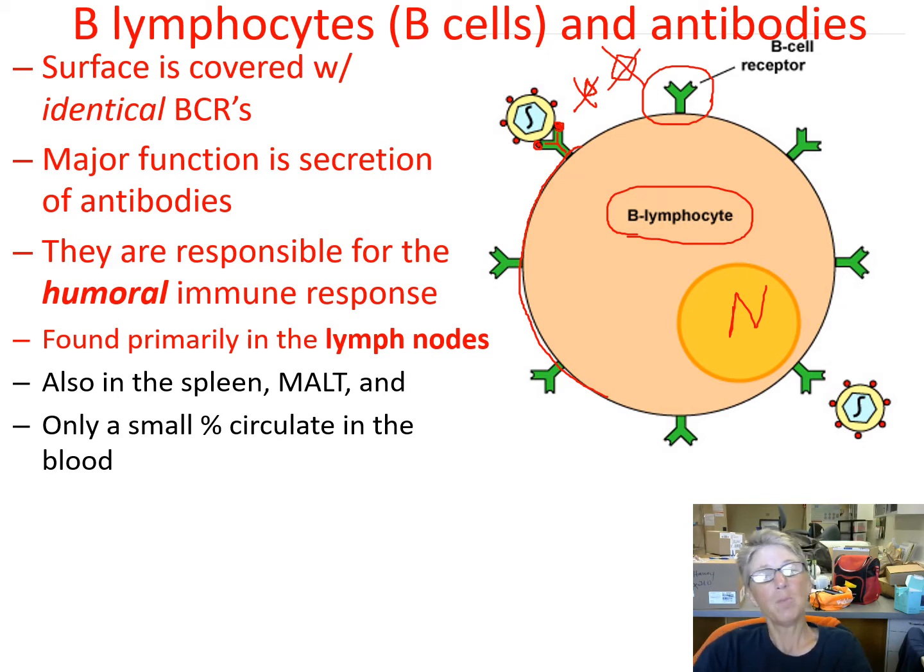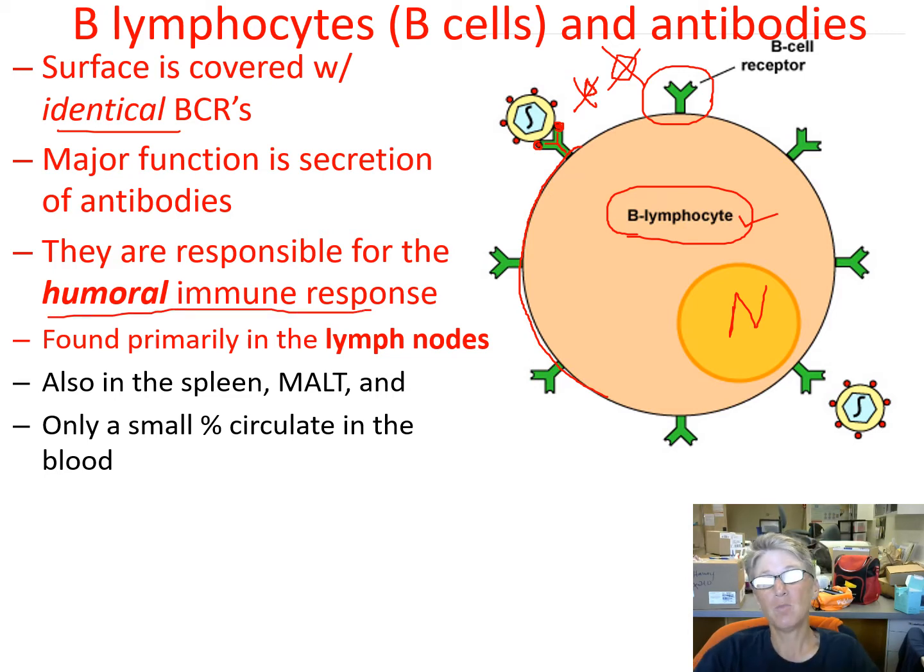So in a single B lymphocyte, the surface is covered with identical BCRs. Those are B cell receptors. The major function of the B lymphocyte, the cell itself, is to make antibodies. And B lymphocytes are responsible and associated with the humoral immune response.